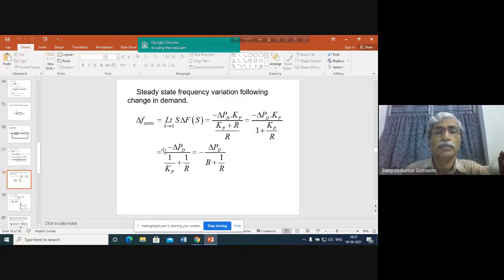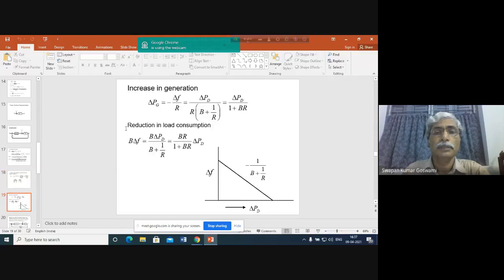And also the implication of this expression we have discussed: how much the active power generation will change because of this change in frequency, how much will be the change in the consumption in the load, and what is the load frequency characteristic of the total system. That also was discussed.